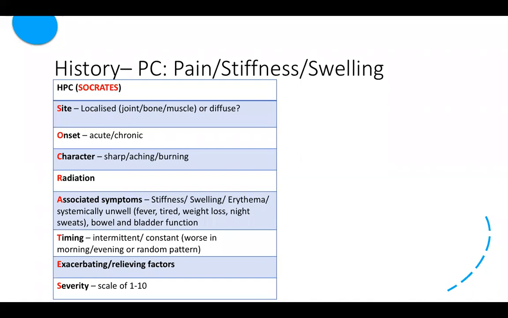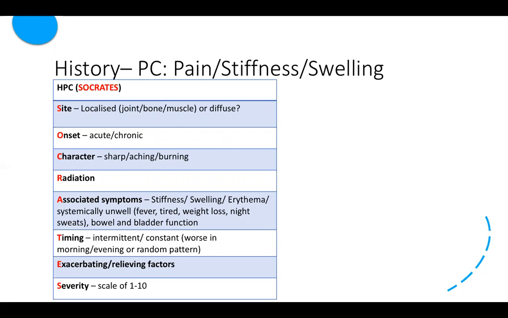That's more important in the context of back pain. And you guys know what's one condition you'd be suspecting if they had, let's say, bladder or bowel incontinence. You can just open the chat box and pop in an answer. Yeah, perfect. Cauda equina syndrome. So that's more important if they come in with back pain, but it's always a good question to ask just to see if they're doing fine.